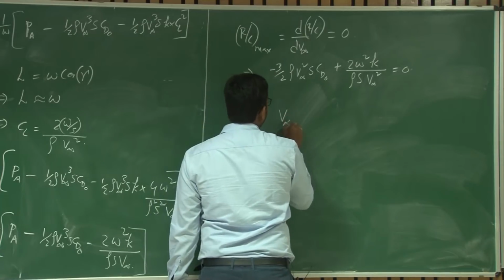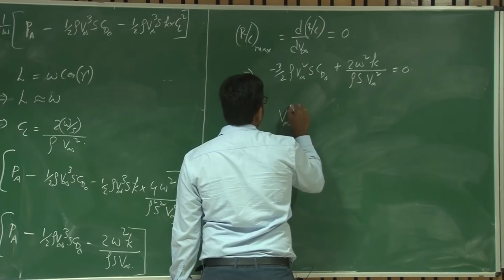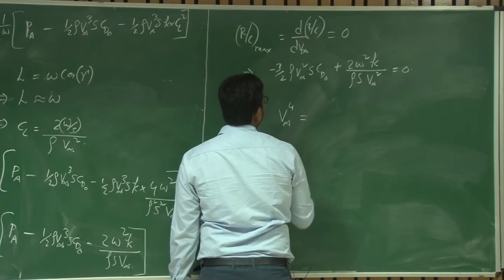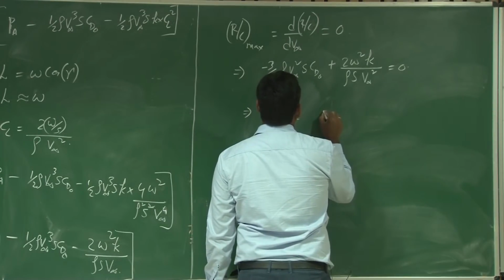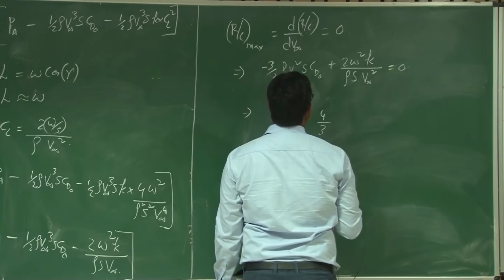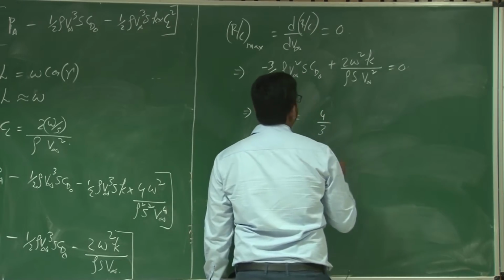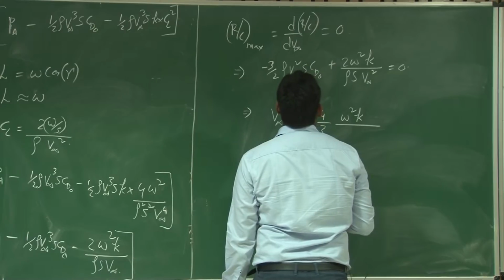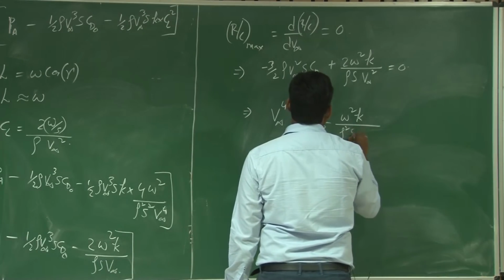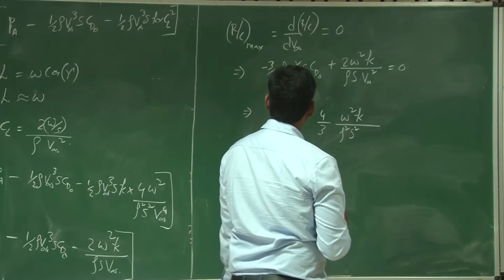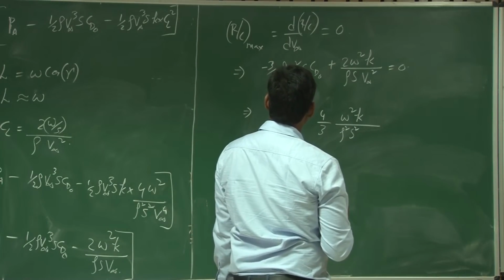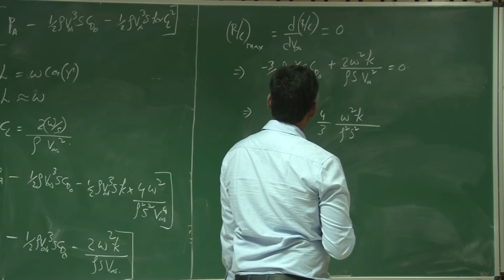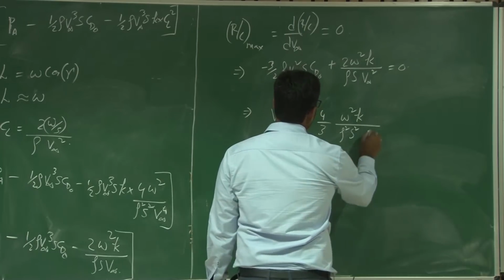This implies V infinity to the power of 4 is equal to 4 by 3 W square into K divided by rho square S square, by 3 CD naught.